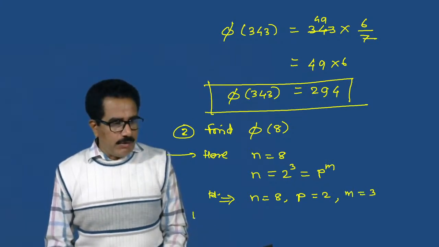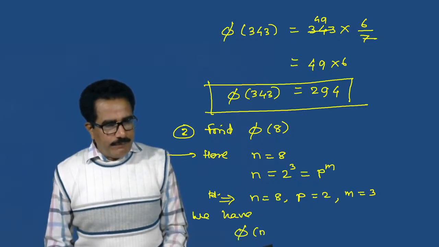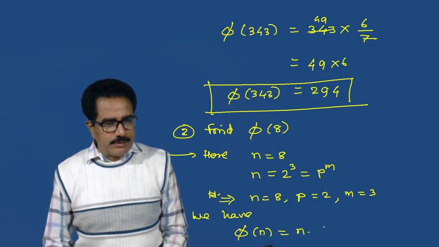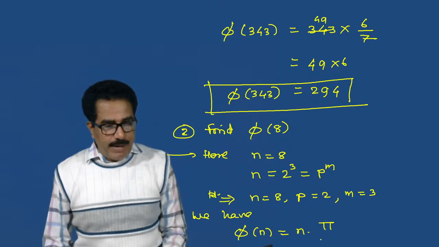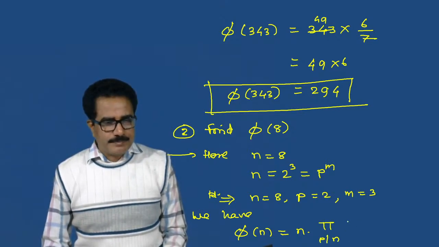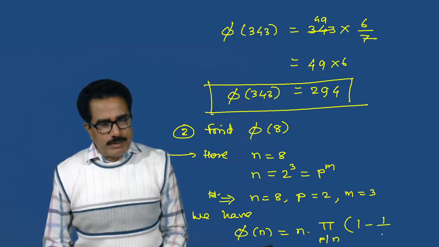Now we have phi of n is equal to n into pi over p divides n, pi means the product function, 1 minus 1 upon p.